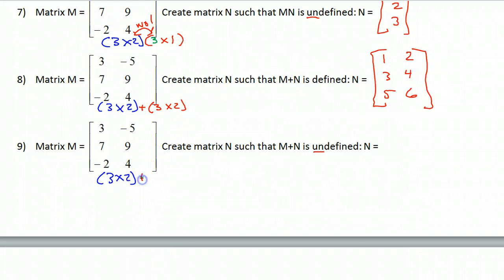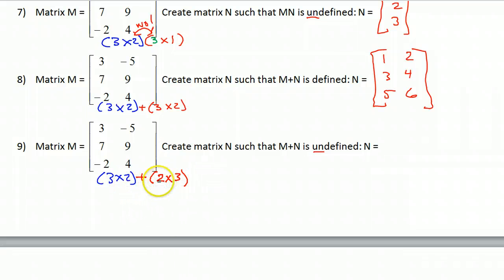So just to make a point, I'm going to make this one be a 2 by 3 matrix, say. This would not work because they are not the same, so you cannot add them.